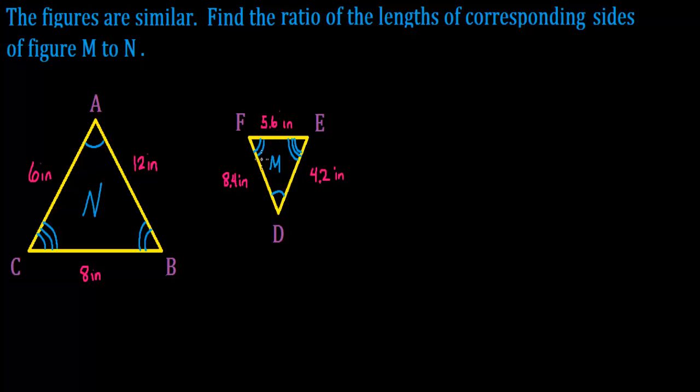That means from figure M to N, which means we need to start at figure M to write these ratios. So before we continue, remember in the last video I taught you how to find corresponding sides by following the order of the letters in the similarity statement.